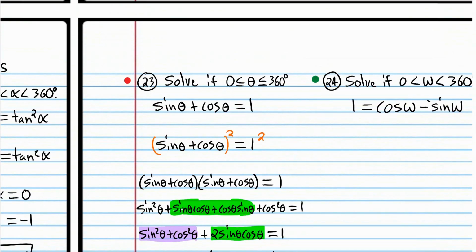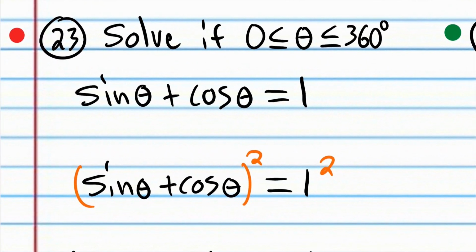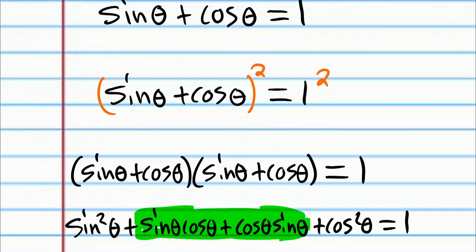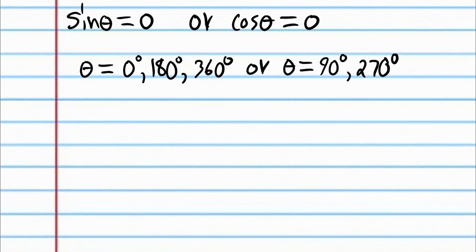So we're going to keep that one. And let's try 90 degrees. Sine 90 is 1, and cosine 90 is 0. So 1 plus 0 is 1. So that works. I'm going to write these down so I don't forget. So theta is 0 degrees and 90 degrees.